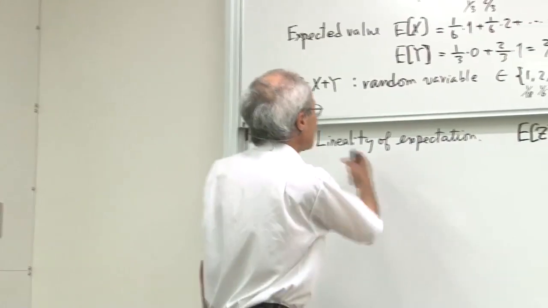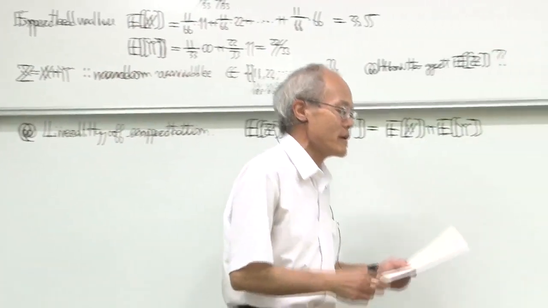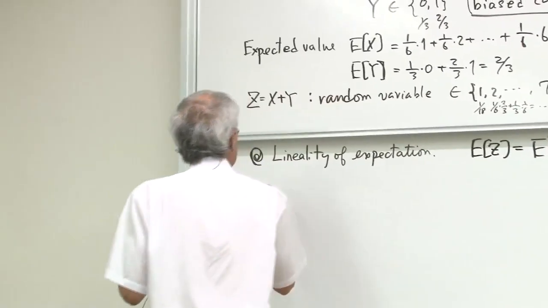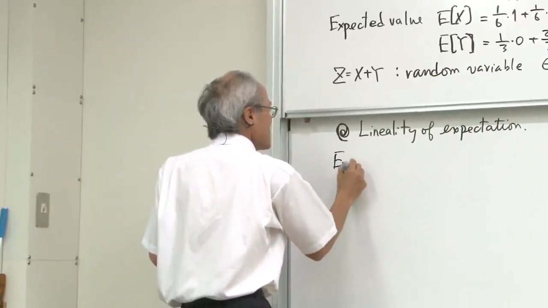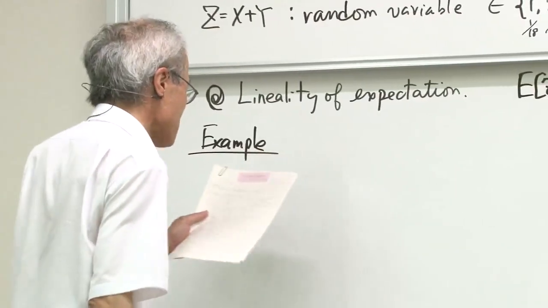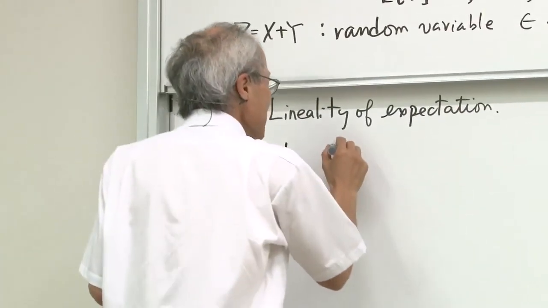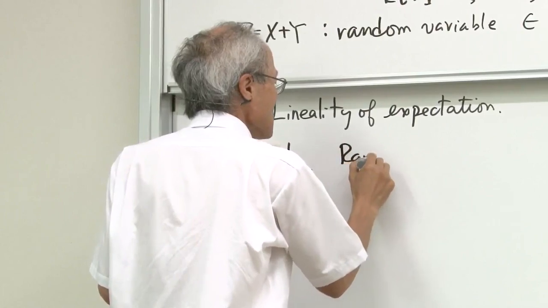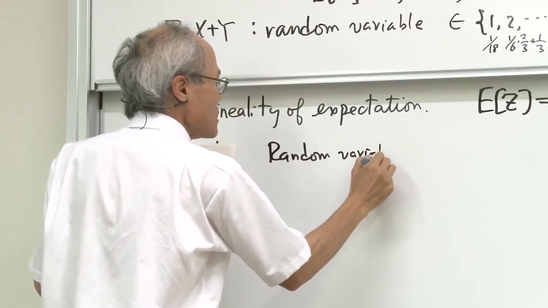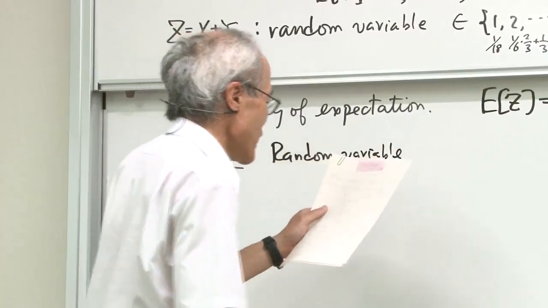That's why this linearity of expectation is very, very important and also convenient. Example. Now example. Okay. Random variable x.